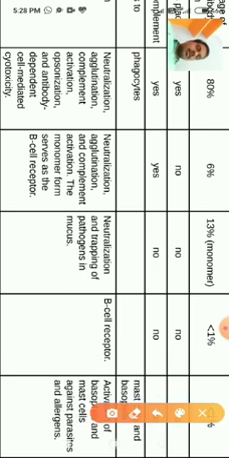It activates basophils and mast cells, and they fight against parasites and allergens. So allergies and parasites are the main targets of the activities of antibody E.